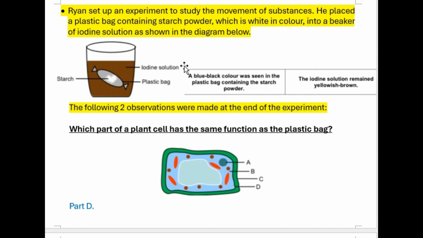A blue-black color was seen in the plastic bag containing the starch powder. The iodine solution remained yellowish-brown. Which part of a plant cell has the same function as the plastic bag? Part D.